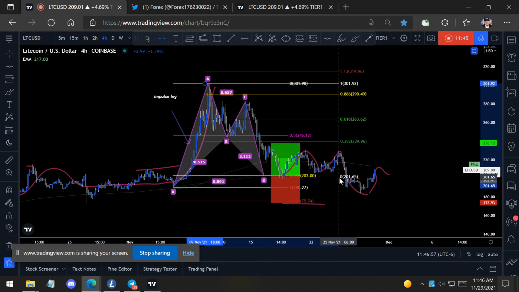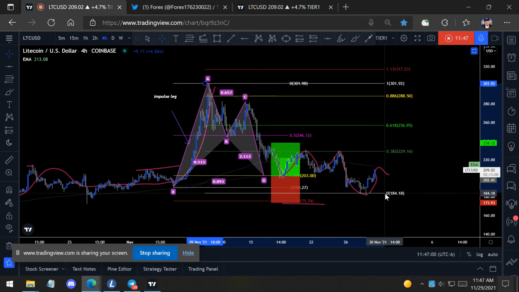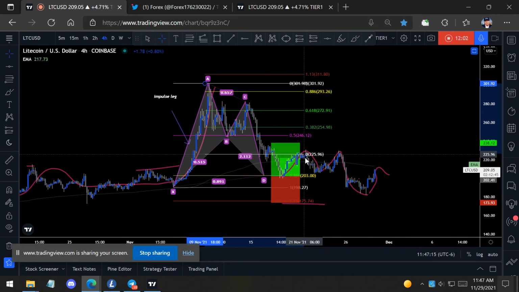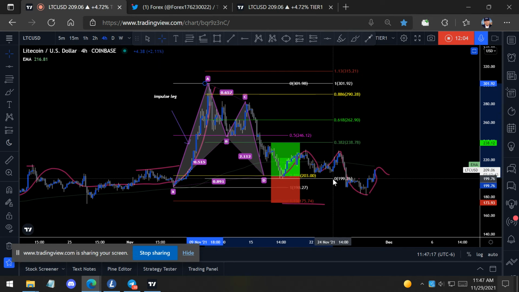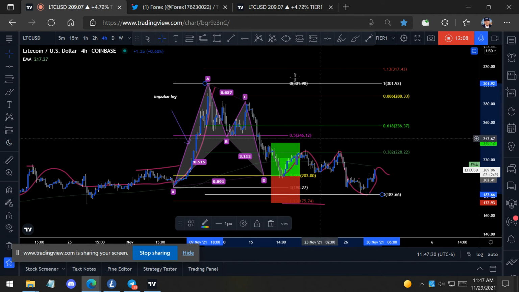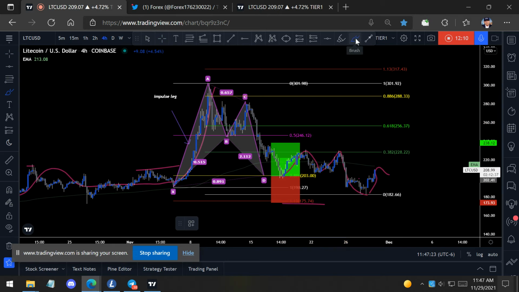So now they're measuring from here, 182 being the whole pattern. As price moved down, they're having to move the Fibonacci retracement to get the new 38.2.